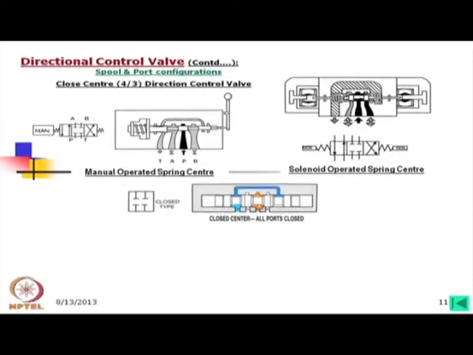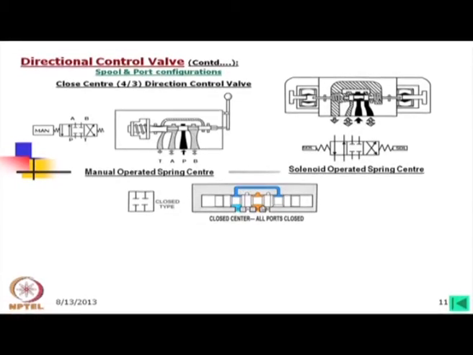Now, this figure you have already seen earlier, but here this is the spool and these are the ports. The pressure port is connected like that at neutral position, but this flow cannot go to the A side or the B side, neither can it go to the tank side.